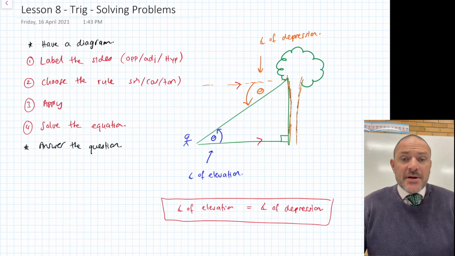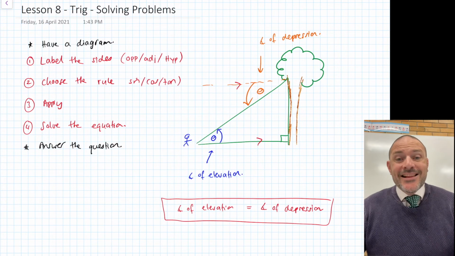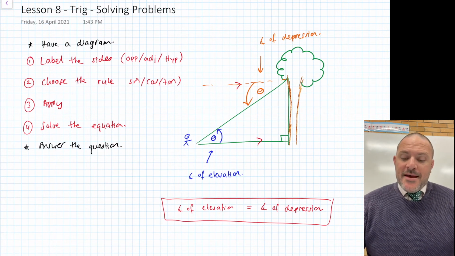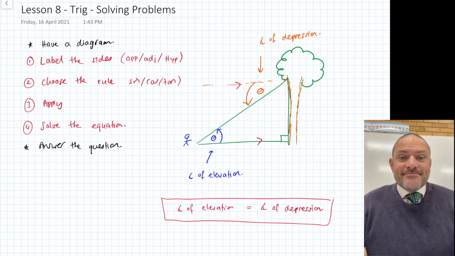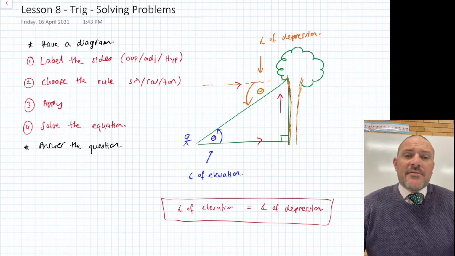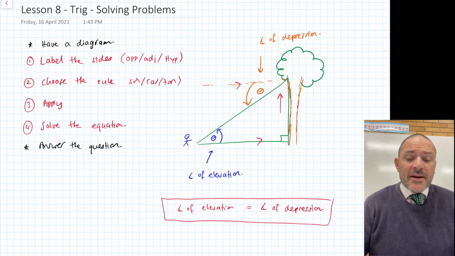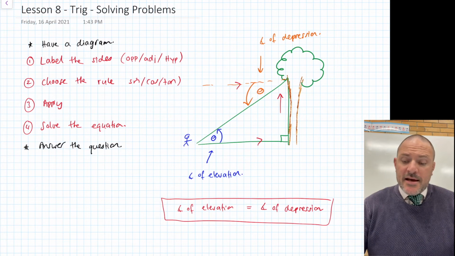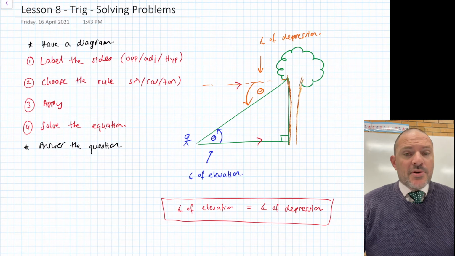Now, technically speaking, I like to see the angle of depression drawn in if they tell us about angle of depression. However, you won't be marked wrong. Just put it down the bottom. Don't ever put that angle there. Okay, yes, I can find that angle depending if I know what the angle of depression is. It's going to be what we call a complementary angle, it adds to 90 degrees, but certainly I wouldn't bother.